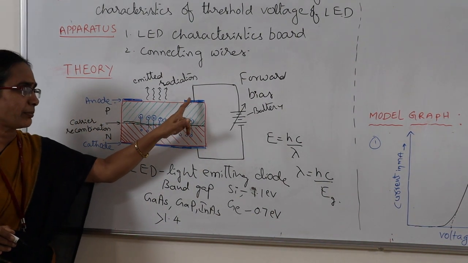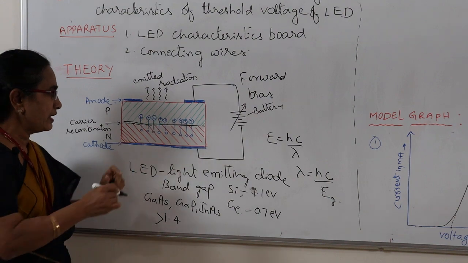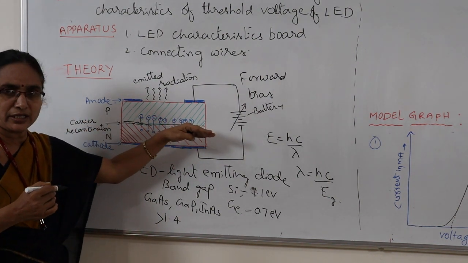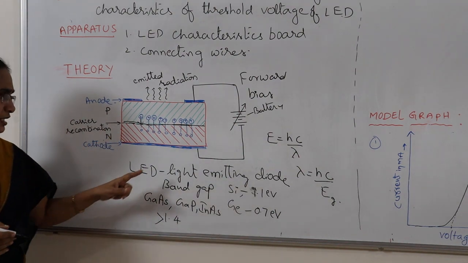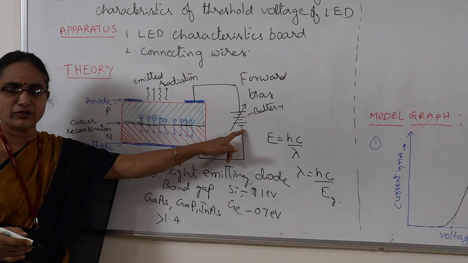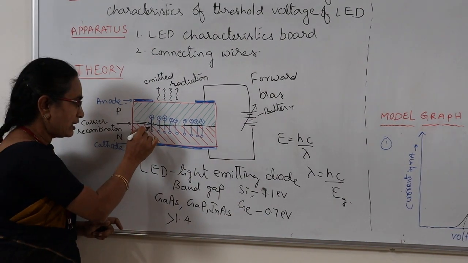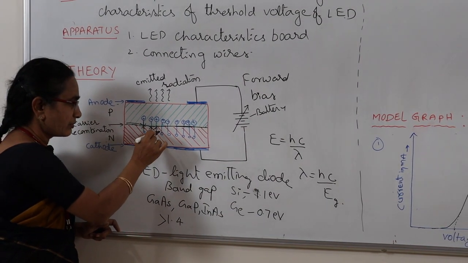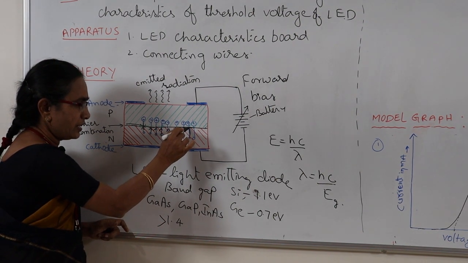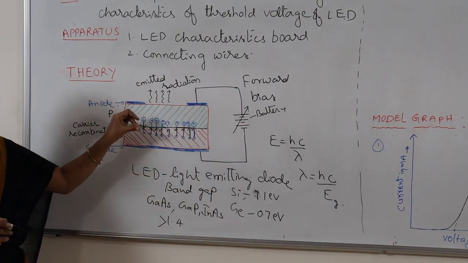The holes are repelled by the positive terminal of the battery and rush towards the potential barrier, the middle of the region. Similarly, the electrons are repelled by the negative terminal of the battery and rush towards the depletion region. And here they undergo recombination.